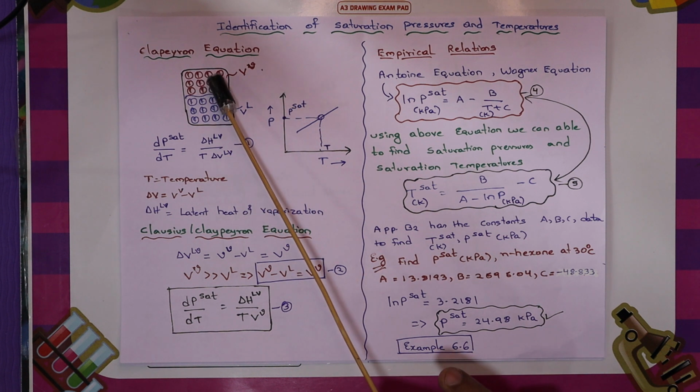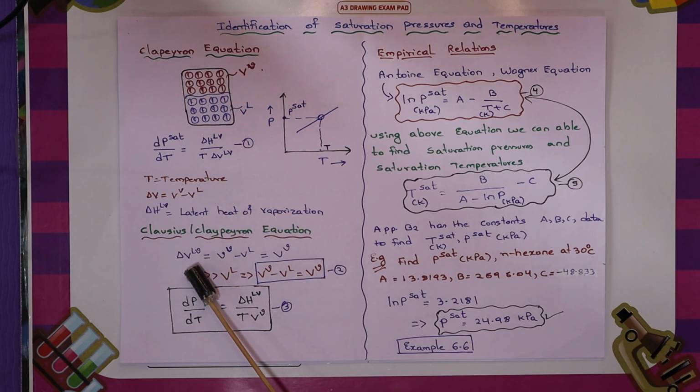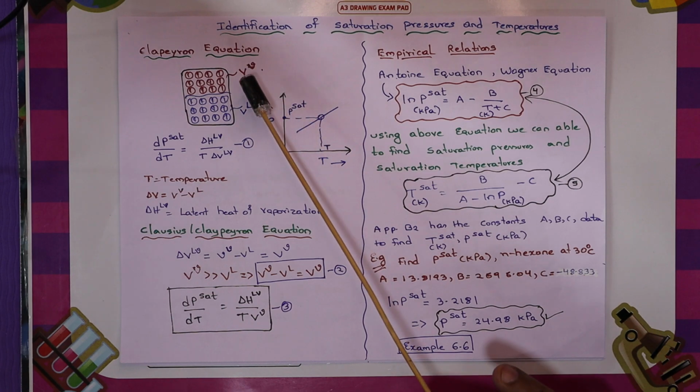That is, the molar volume of the vapor is very much higher than the molar volume of the liquid. In such cases, delta V LV, which is vapor volume minus liquid volume, is approximately equal to the vapor volume, since the liquid volume is negligible and that term can be removed. Finally, delta V LV is nothing but V of the vapor, the vapor volume.